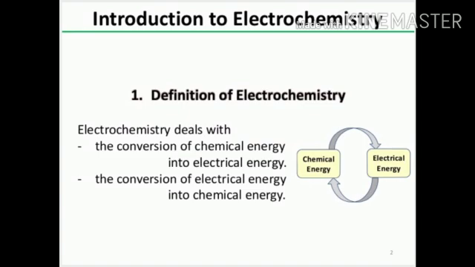In this unit both these aspects will be described. All electrochemical reactions involve transfer of electrons and are therefore oxidation reduction reactions, or simply redox reactions.